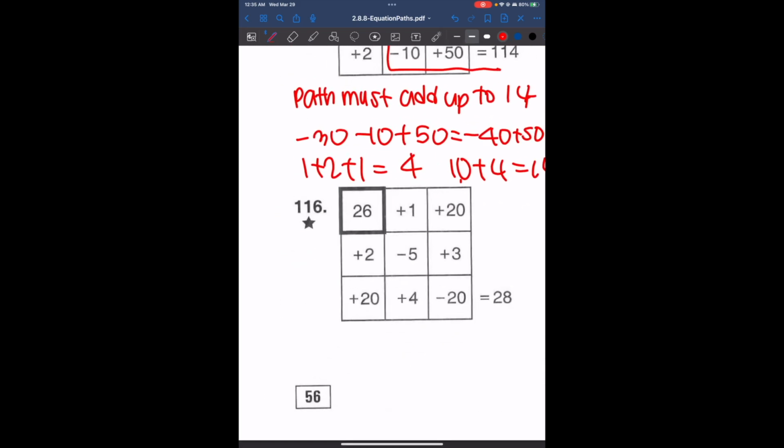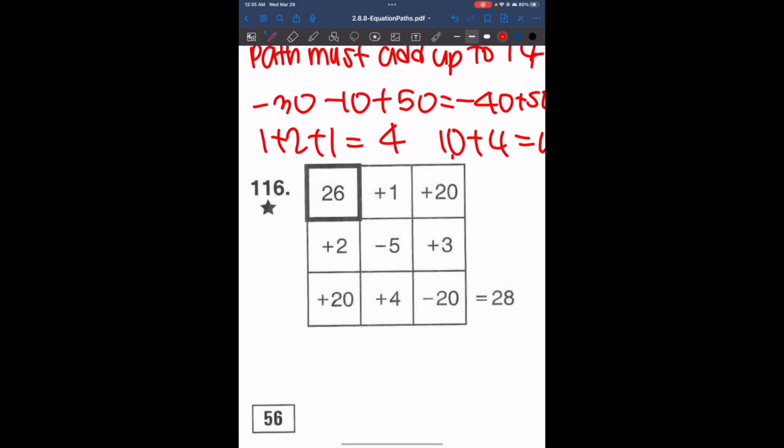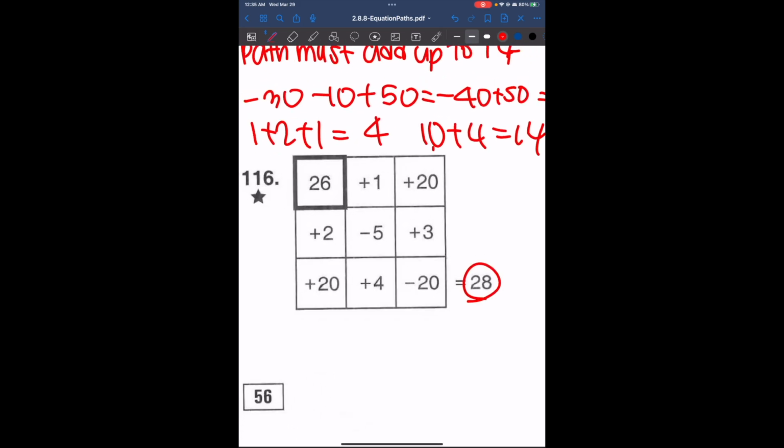Now we're going to look at problem 116. So we want to start with 26 and end with 28. So the path must add up to 2.